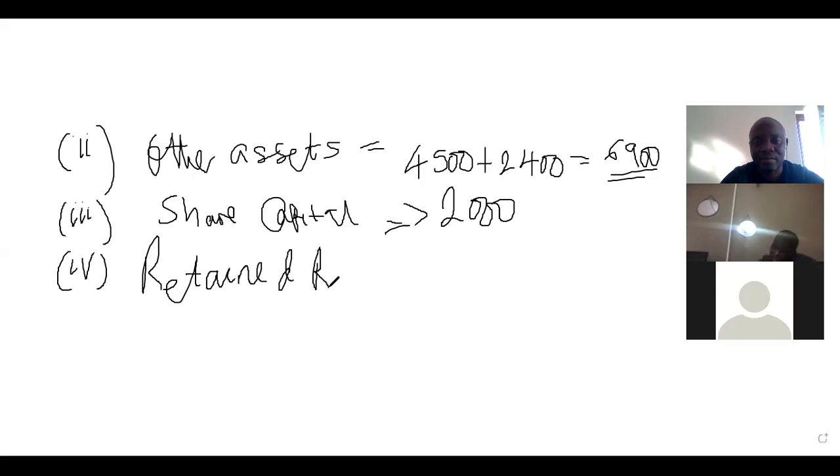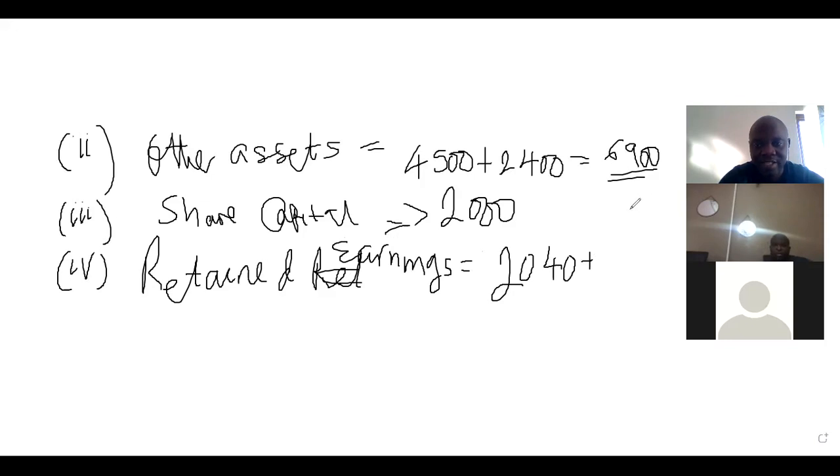Retained earnings. So you had retained earnings from the parent company. How much was it? 2,040. It was 2,040.